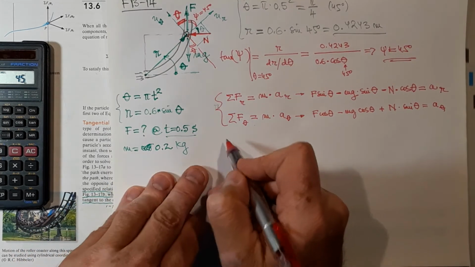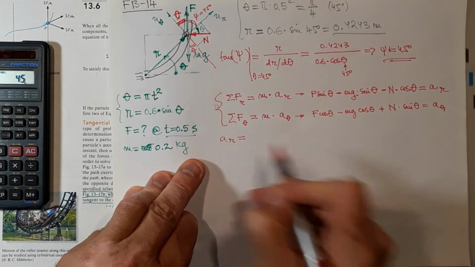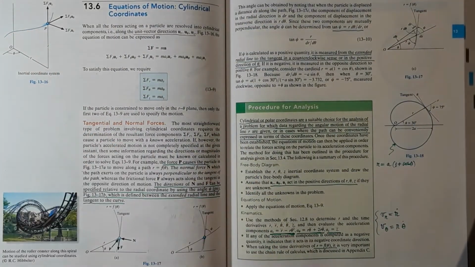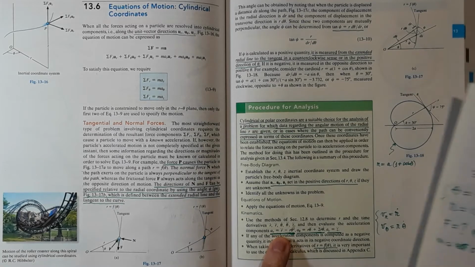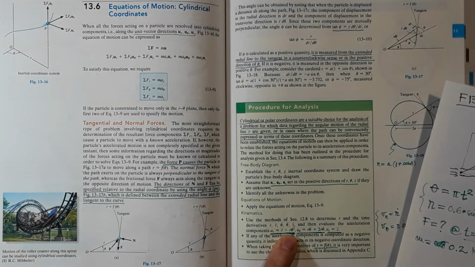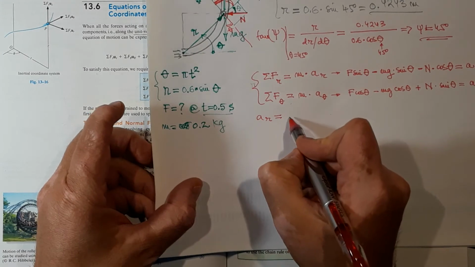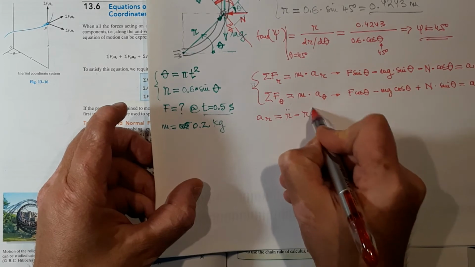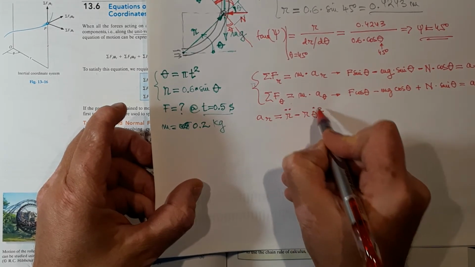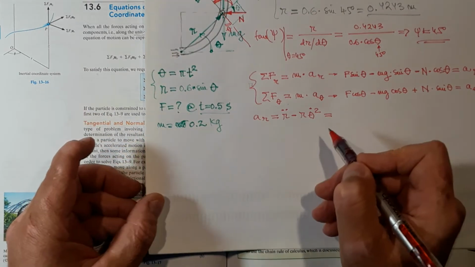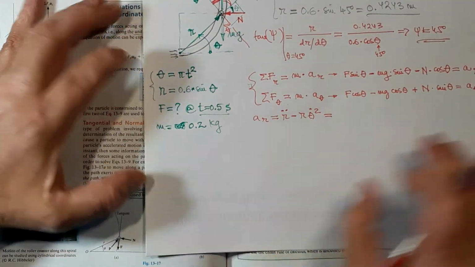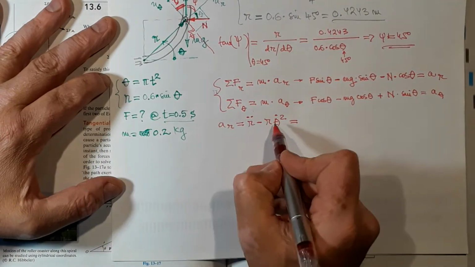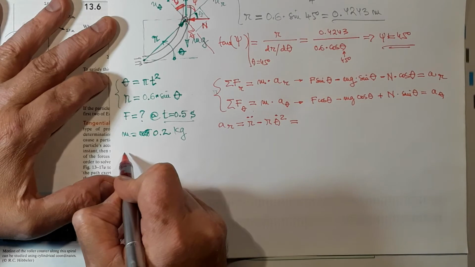Okay, so let's calculate the two accelerations. a_r, the equations are repeated here in the text: r double dot minus r theta dot squared. We need to evaluate the two at t equals 0.5 seconds. So what is r double dot?